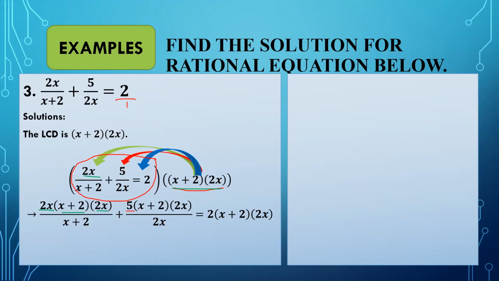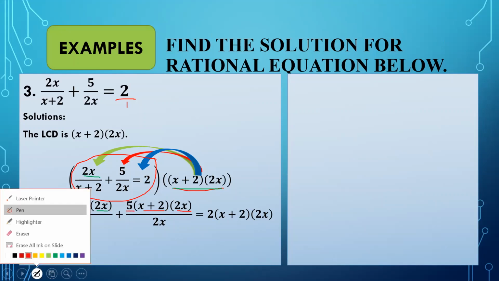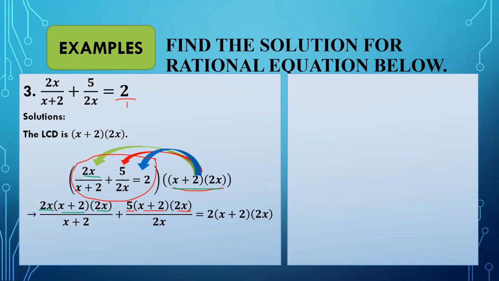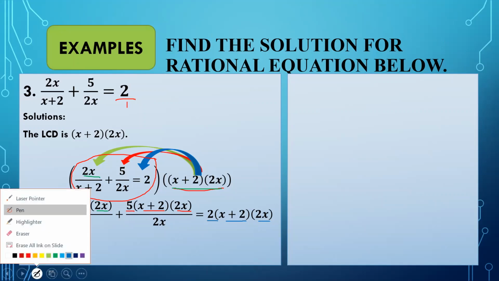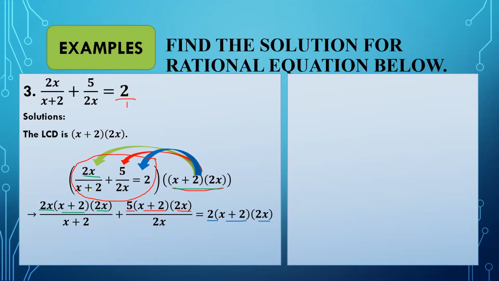We just copy 5, then we also copy that x plus 2, then 2x. Then the last one, which is the blue one, the result is 2 times x plus 2 times 2x. Then we copy the denominator, which is x plus 2 and 2.